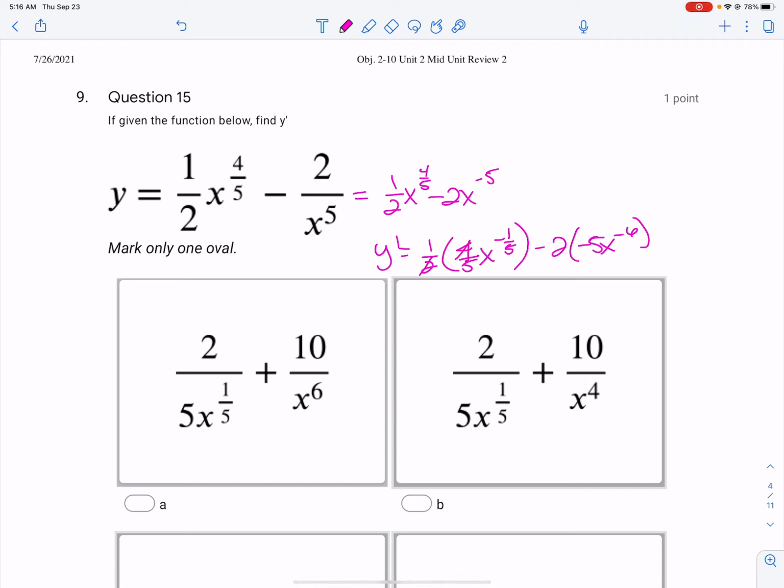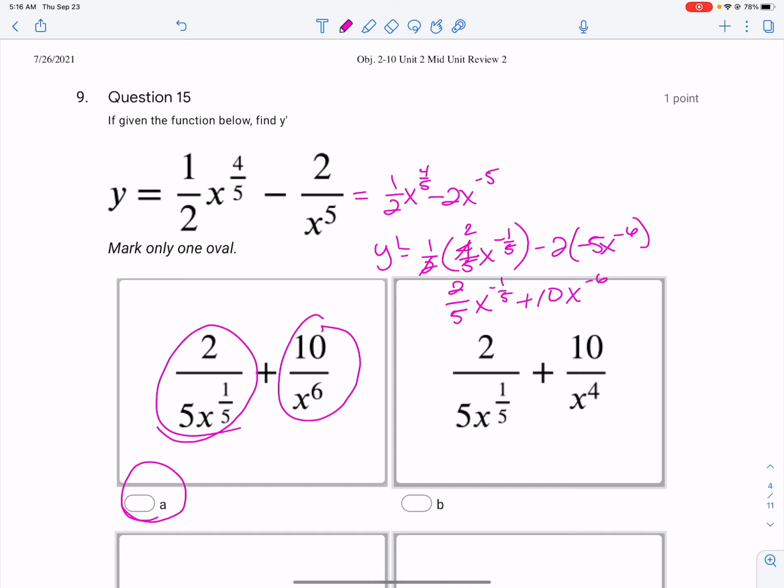So then those cancel out. I'm left with 2/5 x to the negative 1/5 plus 10 x to the negative 6. So 10 over x to the 6 and this guy. So it is A.